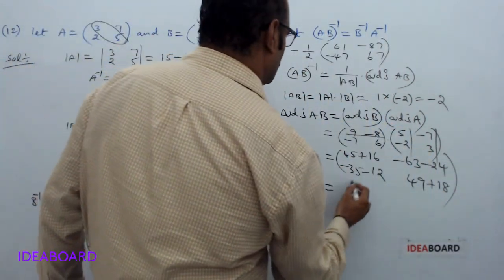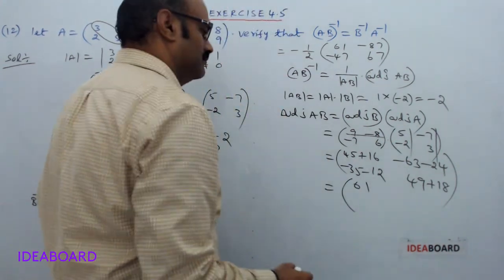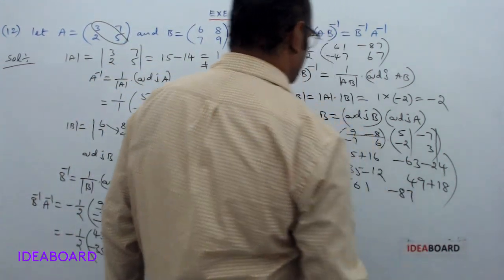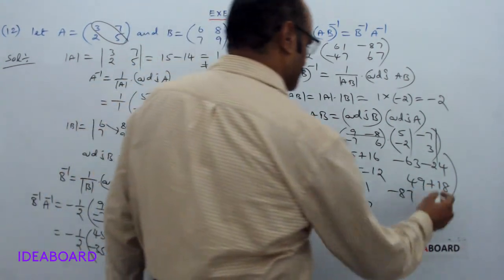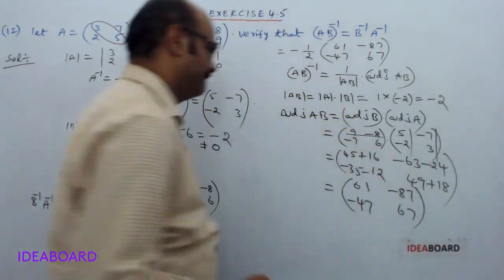Now it's equal to 61, minus 87, minus 47, 67.